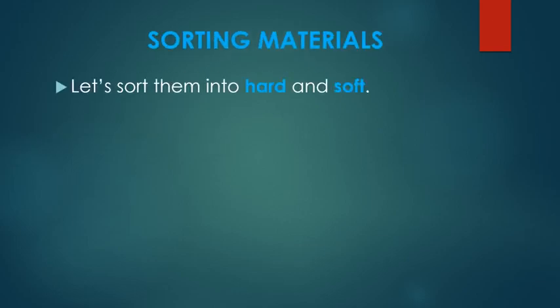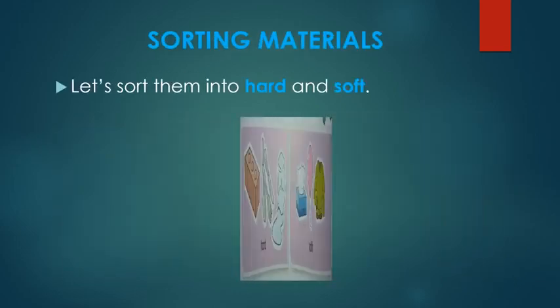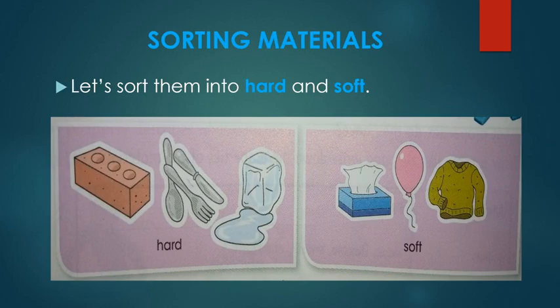When we sort these objects into hard and soft, we are going to have the brick, the cutlery, and the ice cube together on one side, because the brick, the cutlery, and the ice cube are all hard. So we put them on one side as the hard ones, the hard objects.